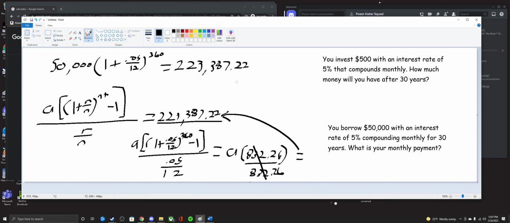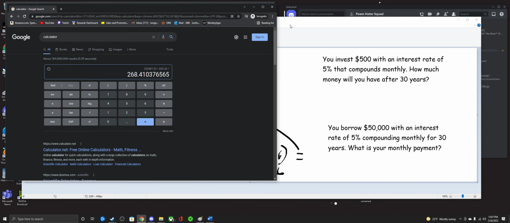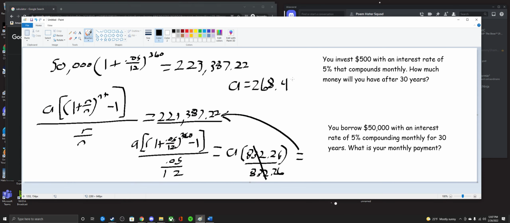So in this case, we'll say A equals 268.41. So that is essentially our monthly payment to calculate for this loan here.